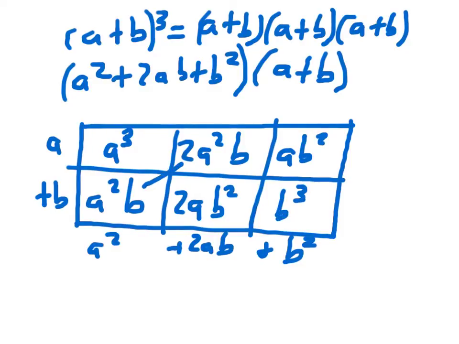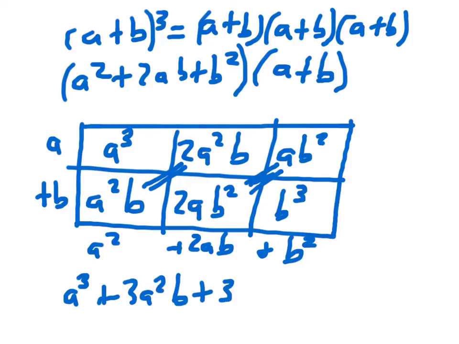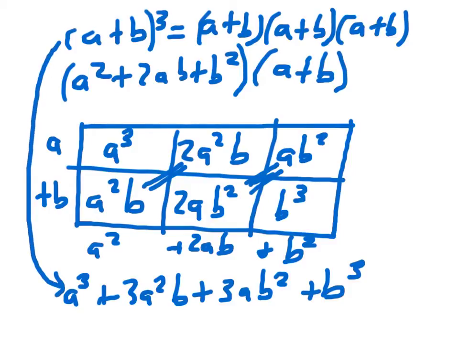Again, I look for like terms, and notice, just like the last problem, they show up diagonal to one another, which helps me make sure I got everything right. So this becomes a cubed plus 3a squared b plus 3ab squared plus b cubed. So this problem expanded without parentheses becomes this.